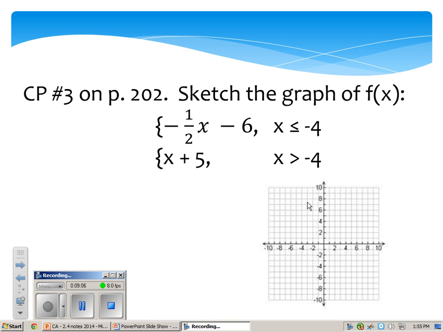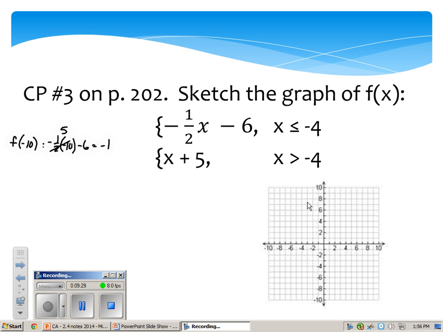So let's just plug a few values in here. Let's do f of -10. That will be the top function. -1/2 times -10 minus 6. -1/2 times -10 is 5. 5 minus 6 is -1.